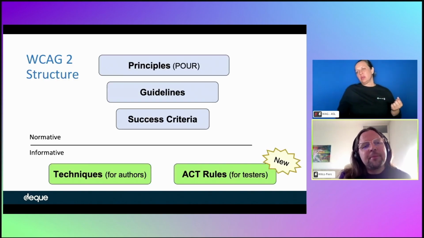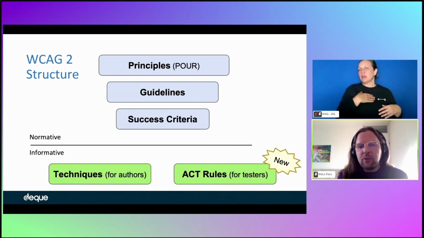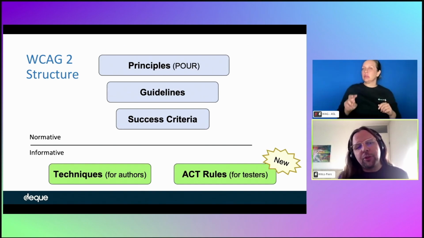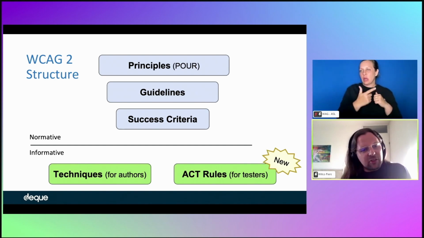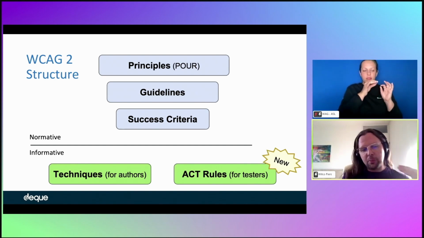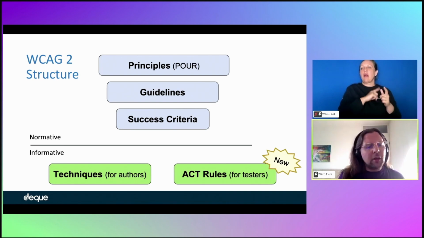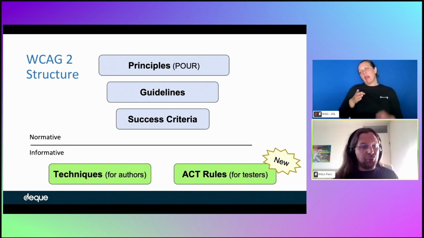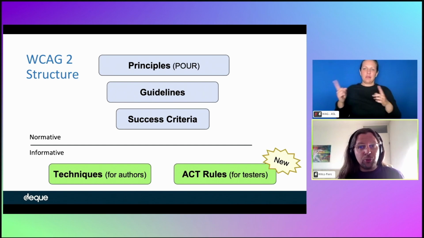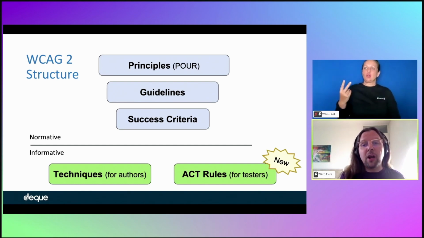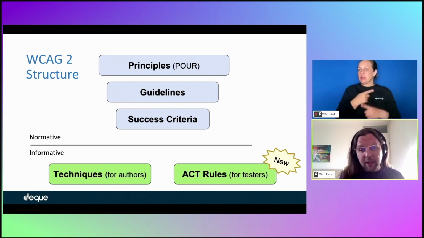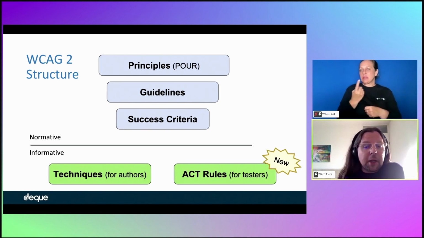Next slide. So the way you can see these ACT rules is you've got your WCAG 2 structure with the principles, the guidelines, the success criteria. These are part of the normative document itself. These are required by WCAG and fixed. And then there's the techniques, which have been around pretty much from the start of WCAG 2, which tell content authors how to apply WCAG, how to make something conform to WCAG.